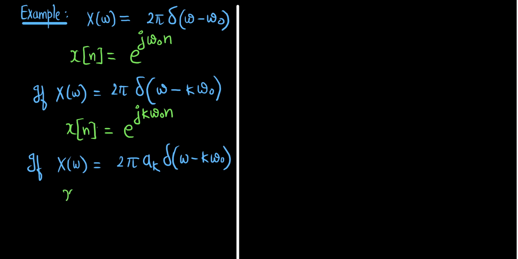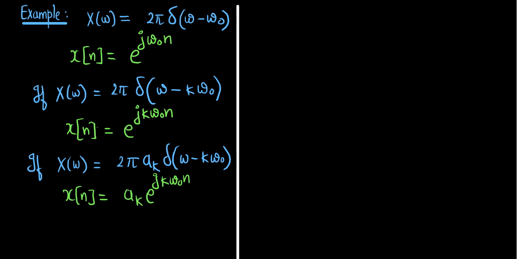So x of n is going to be a k e power j k omega naught n, where this k is again an integer that is running from minus infinity to infinity. So k may be any integer value.